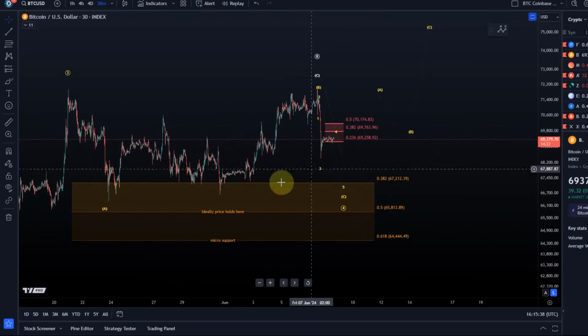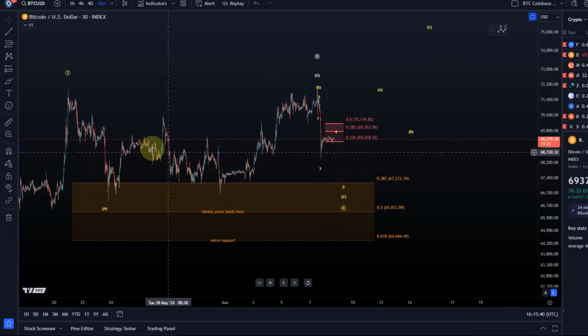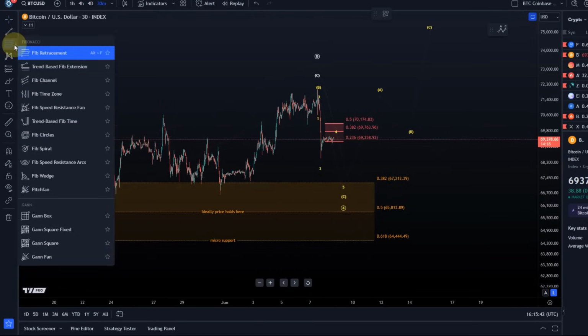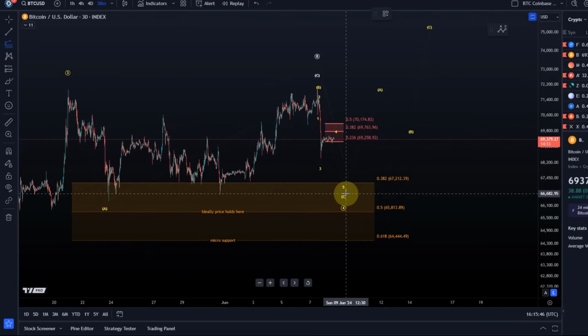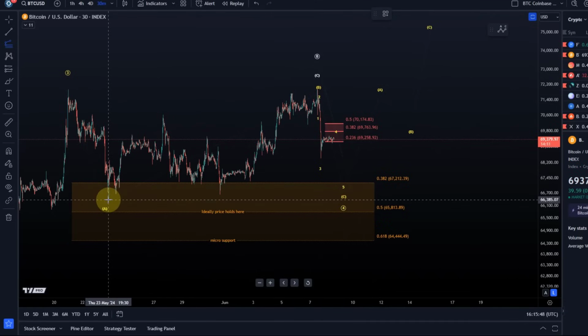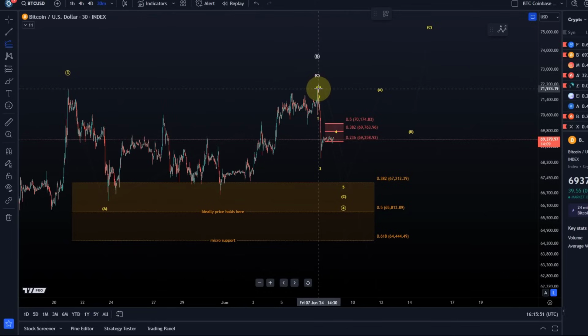Now there are a few levels here that really matter. Firstly, we can determine the 100% extension, which is a key target for a C wave. So in case wave A really bottomed and wave B topped, we can calculate a target for the C wave to the downside. So how do we do that?